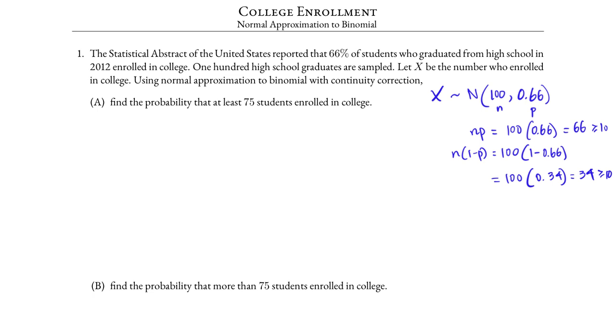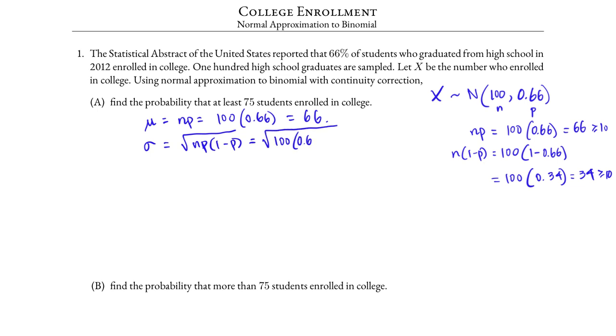The next step is to find the mean mu. Mu is n times p, where n is 100 and p is 0.66, and so the mean is 66. The standard deviation is the square root of n times p times 1 minus p, where n is 100, p is 0.66, and 1 minus p is 0.34.